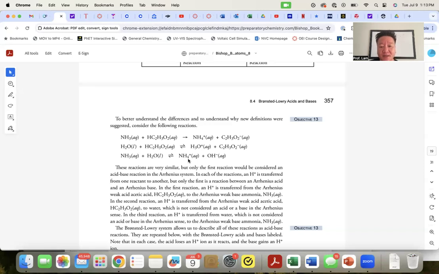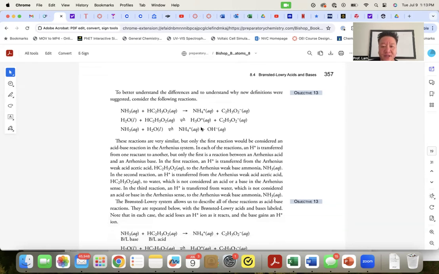NH3 takes the H plus and becomes NH4 plus. And what happens if you take H plus away from water? You have OH minus. So you see the formation of hydroxide here, from ammonia being in water, through the donation of the proton to the ammonia.